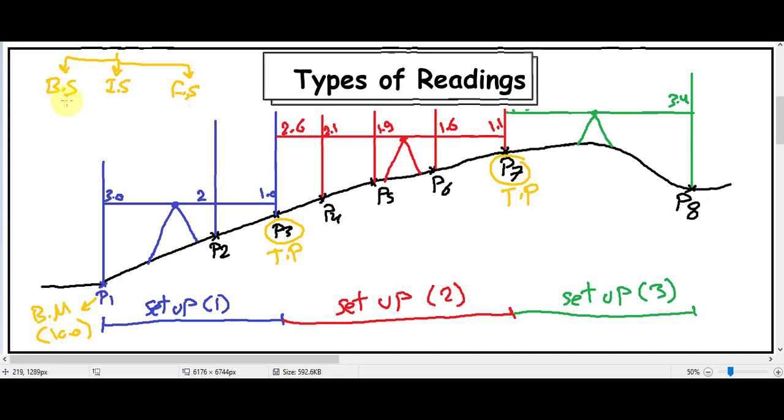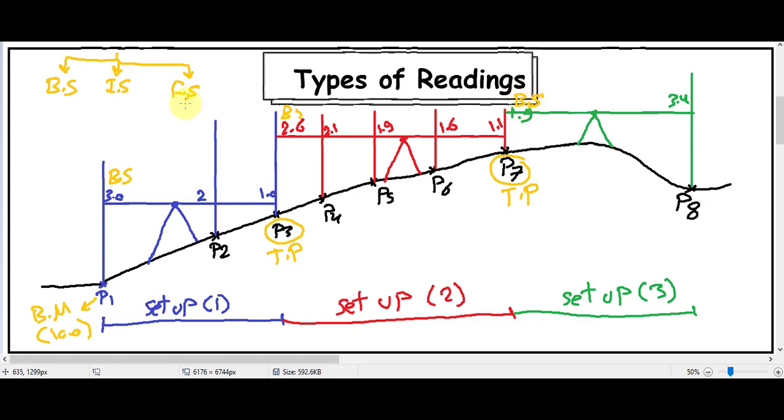The backsight definition is the first reading in every new setup, such as this reading. This reading is the first reading in the leveling, so we call it backsight. This reading is the first reading in setup 2, so we call it backsight. And this reading is the first reading in setup 3, so we call it backsight.